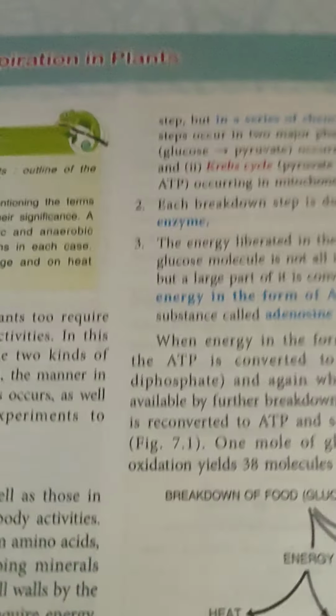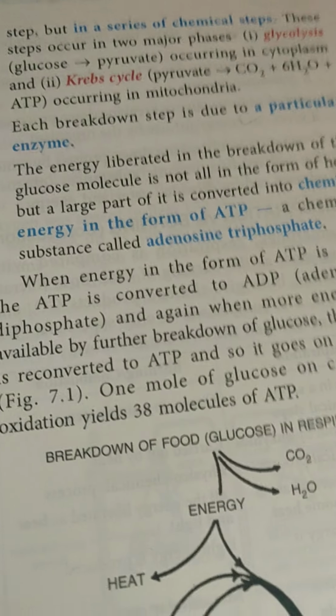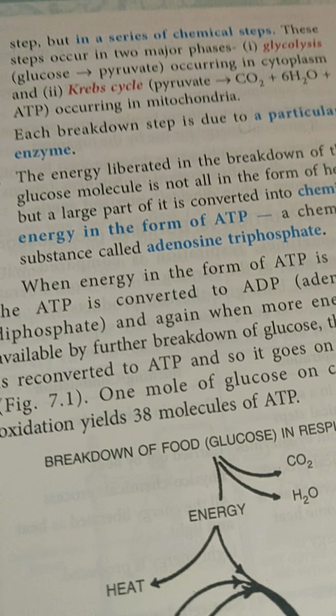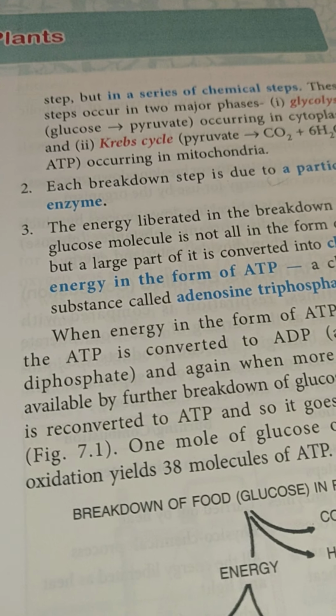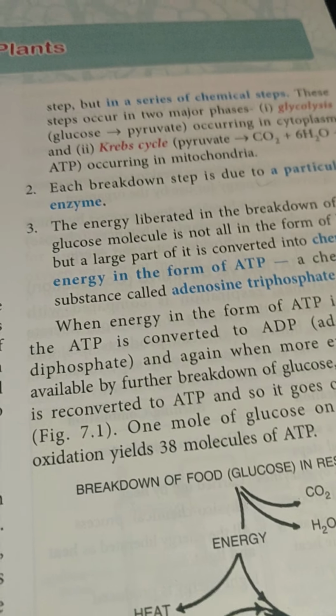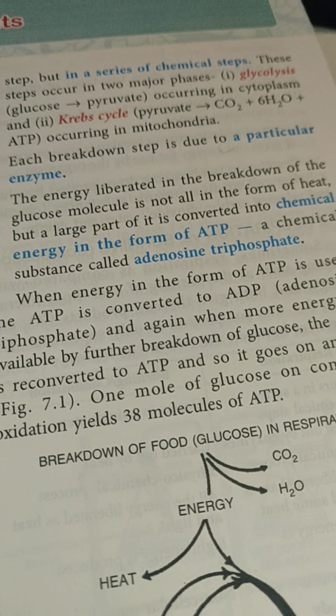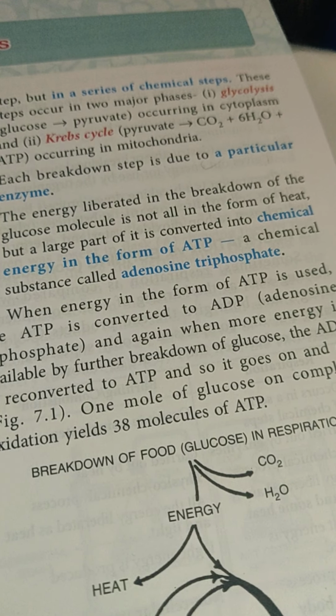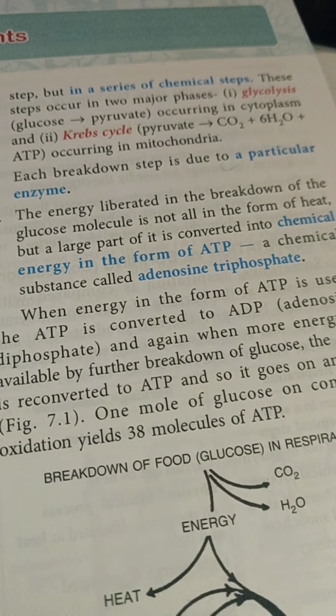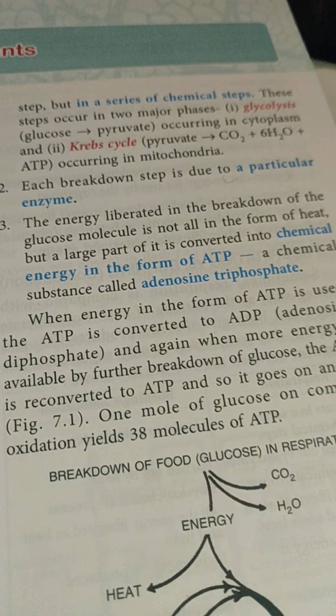Now, the second characteristic tells us that every step is due to a particular enzyme. And as we know that enzymes are substrate specific, each reaction will be acted upon by one particular enzyme.